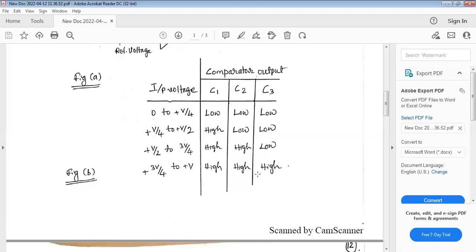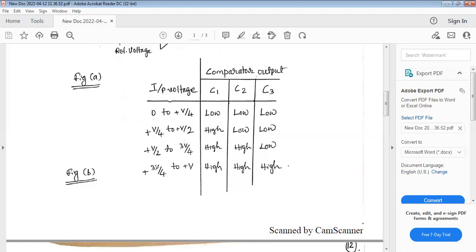That means all the three comparators will be in on condition. Here I will give one example. Suppose this V is 10 volt. Then V by 4 means it is 2.5 volt. So until the input analog voltage is less than 2.5 volt, no comparator works. And all the comparators go high when the input voltage is greater than 3V by 4.